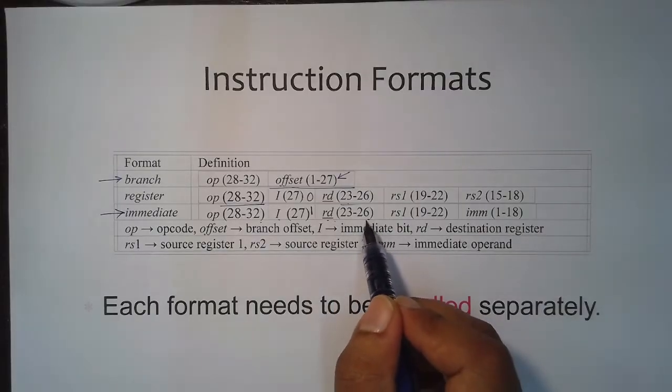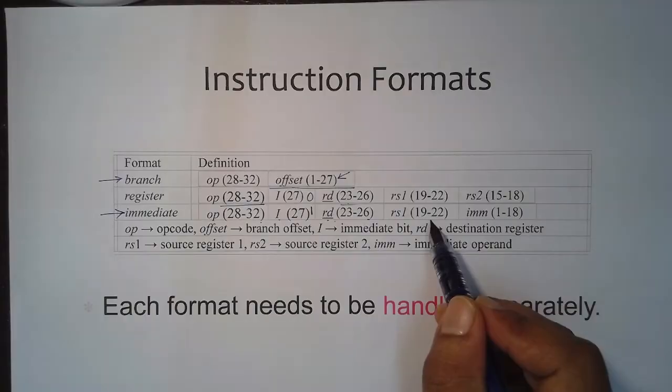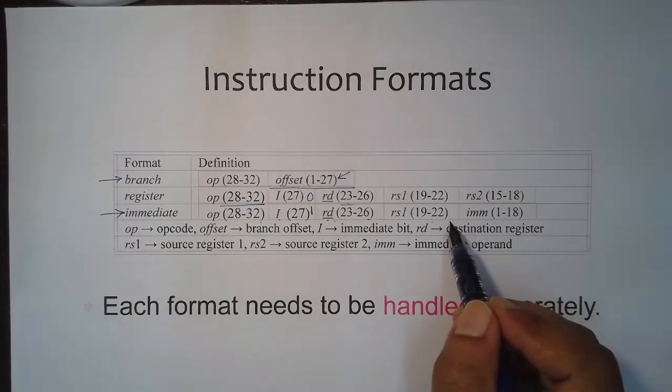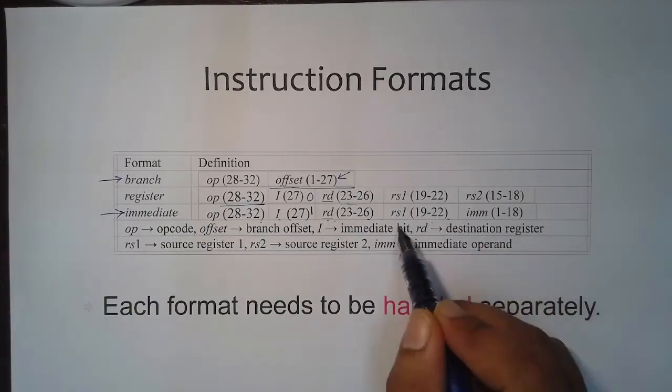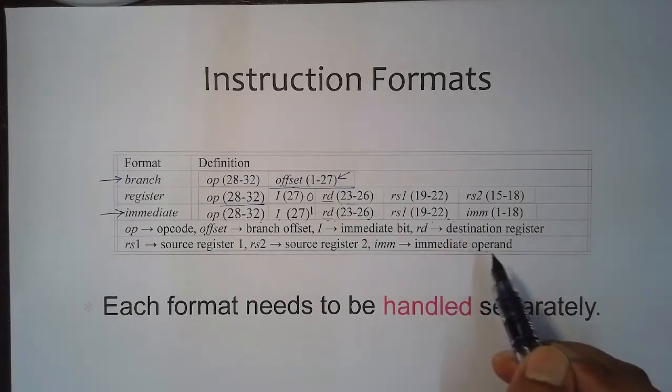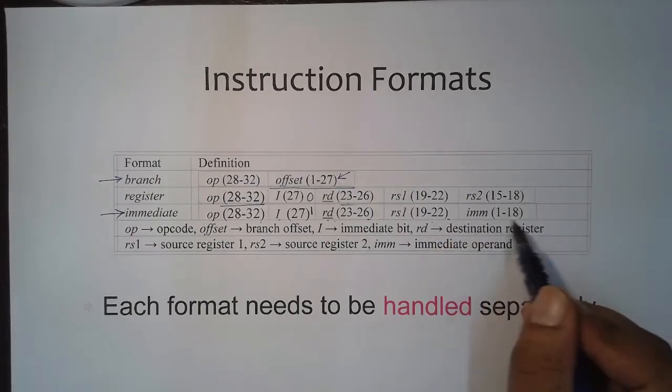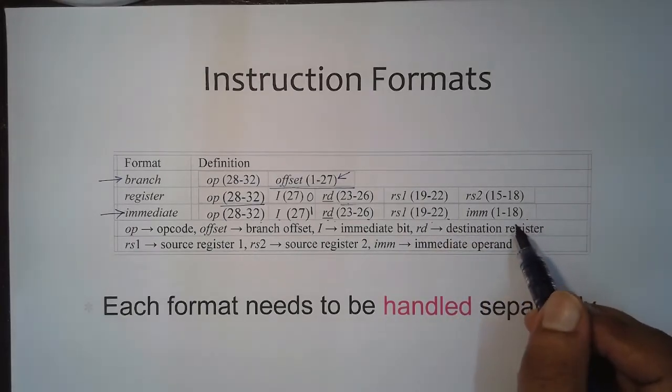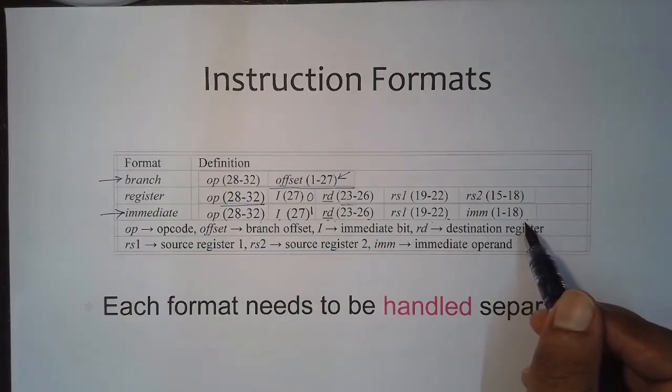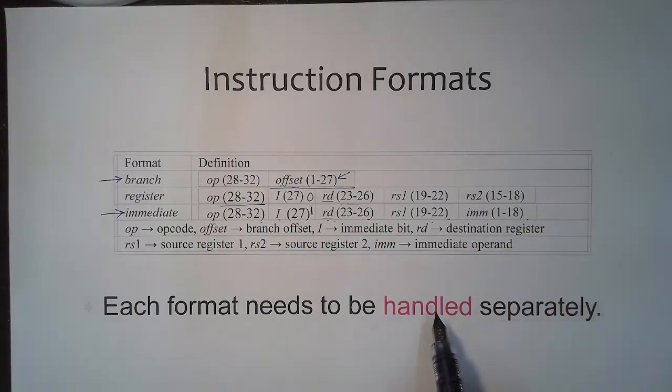One of the sources is again a register, so this is also fixed. Now, you have an 18 bit immediate value, out of that 2 bits are your modifier, and the rest 16 bits are your actual immediate value.